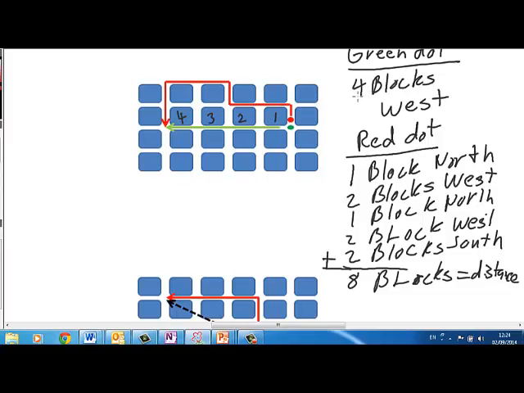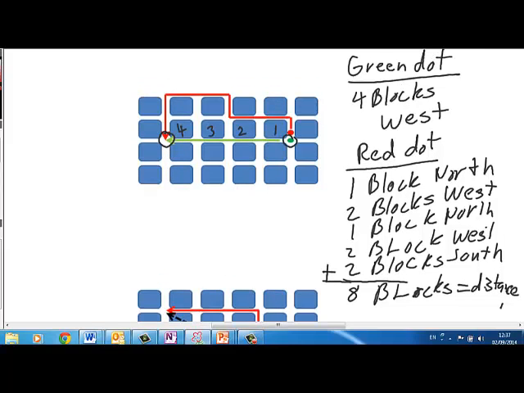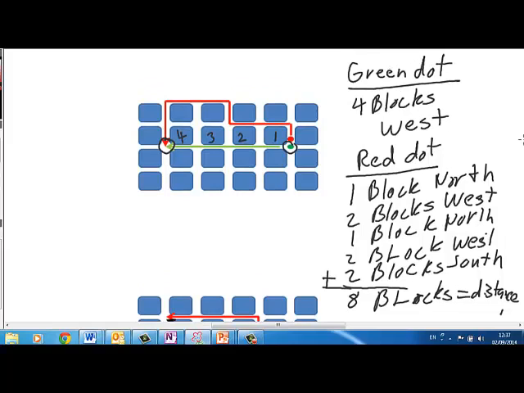And you would have walked a distance of 4 blocks. However, even though your friend's distance was 8 blocks, and you only walked 4 blocks to the west, your displacement and your friend's displacement is the same.